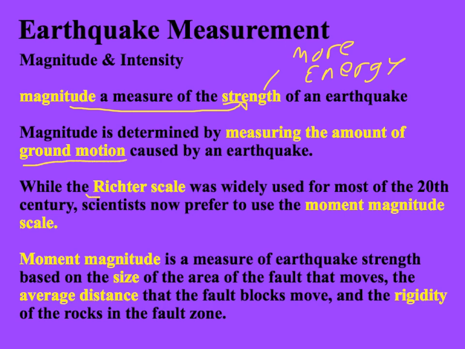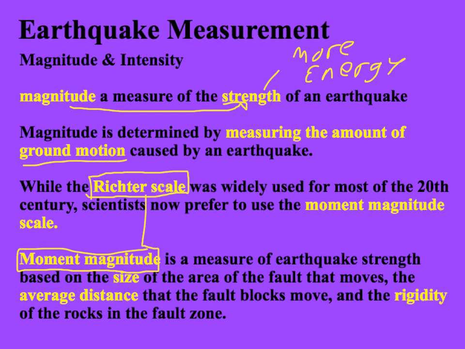We use something called the Richter scale, which has evolved into the moment magnitude scale, and what it does is look at how much the ground has moved. So when you hear an earthquake is a 4.5, that's usually a Richter or moment magnitude scale, and that gives you an idea of how strong it was.